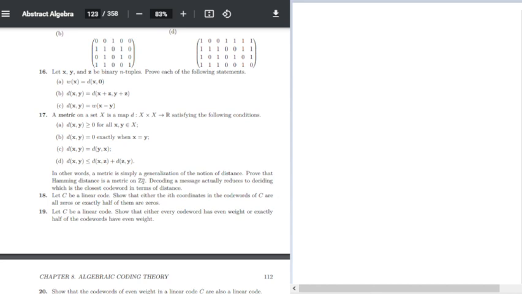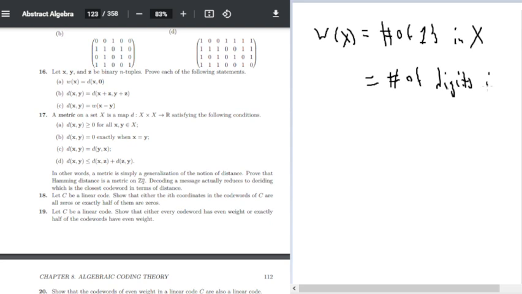First, w(x) is equal to d(x, 0). So w(x) equals the number of ones in x, which is equal to the number of digits in x differing from 0, which is equal to d(x, 0). That's for the weight.